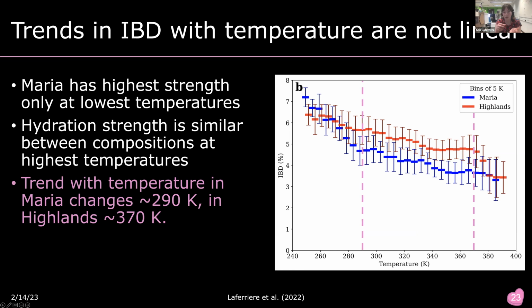And then looking at the band shape, I do think that the Maria might have some form of molecular water that's somehow able to stay on those grains up until 290, at which point it's basically all lost. But I'm familiar with the Hendricks paper. I don't know it as in depth as I probably should. So I'm not sure why there's that difference in the temperature ranges.